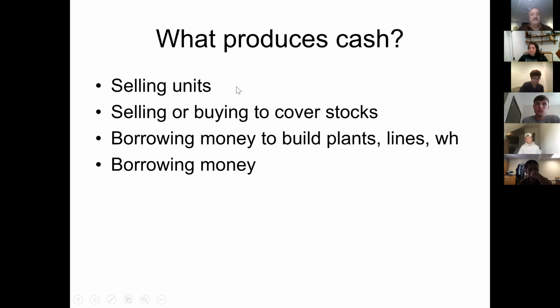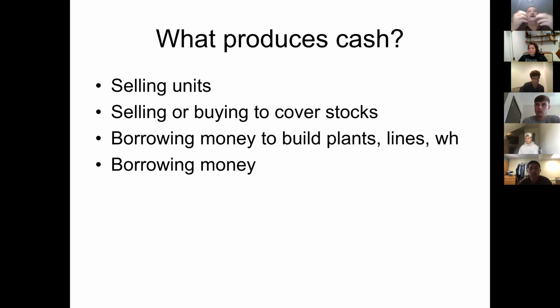Okay, what produces cash for you? Selling units of your product. If you've invested in the market and bought stock, then you can sell it, and that will produce cash. Buying to cover is like the opposite of selling short. Selling a stock short gets you into the market, and you hope the stock goes down.